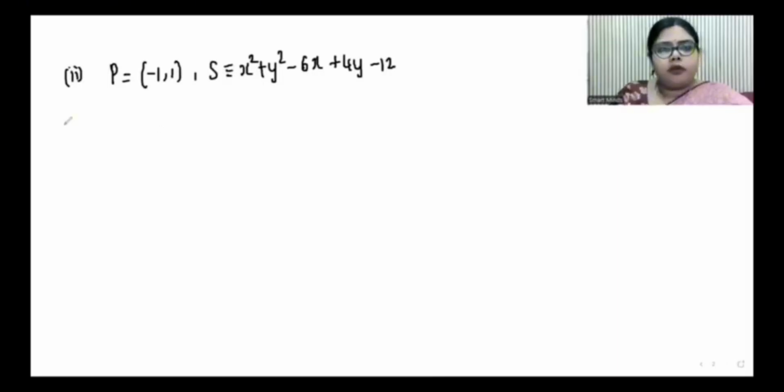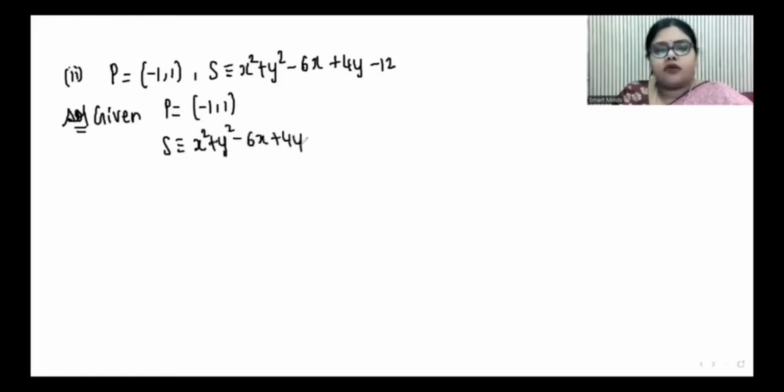Take the next question. Point is given, circle is given. First we will write the given point. Given point is (-1, 1) and the given circle is x² + y² - 6x + 4y - 12. Now we need to find the equation of tangent, and we know the formula for the equation of tangent. Equation of tangent is S1 = 0.